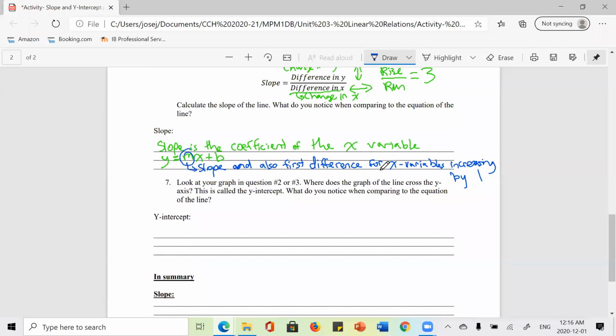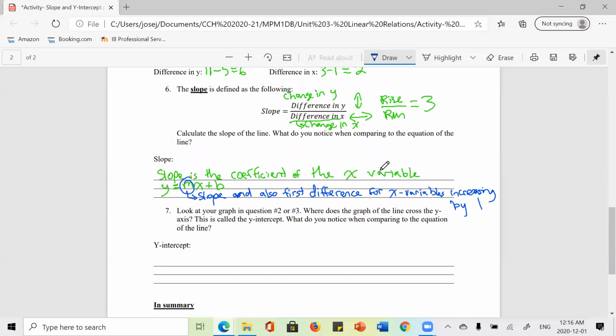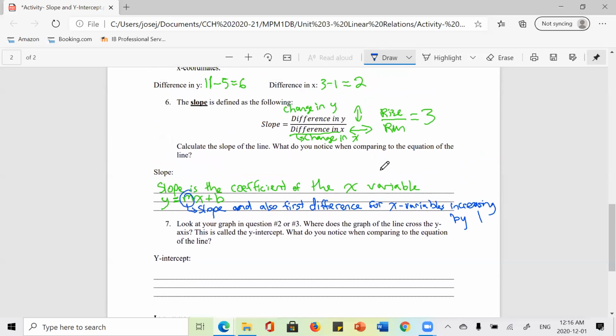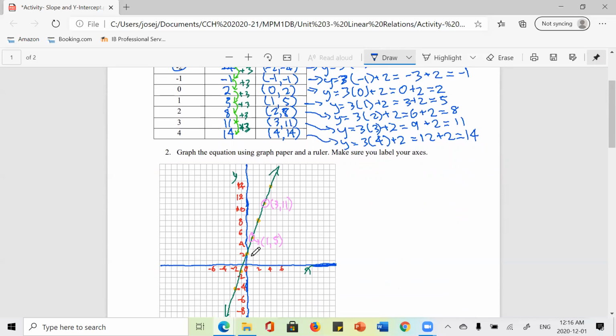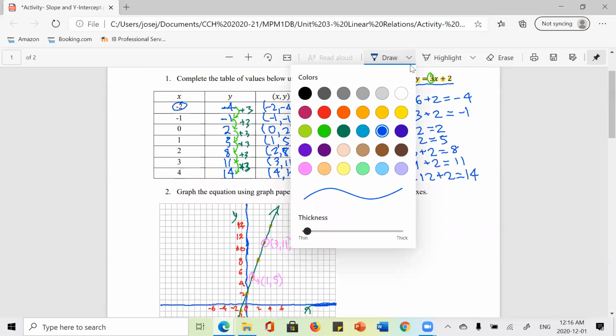So in our second part here, it says to look at the graph of question 2 or 3, and it says where does the graph of the line cross the y-axis? So this is actually called the y-intercept. And what do you notice about the y-intercept compared to the equation of the line? Well, let's look over here. So our y-intercept is this point right here.